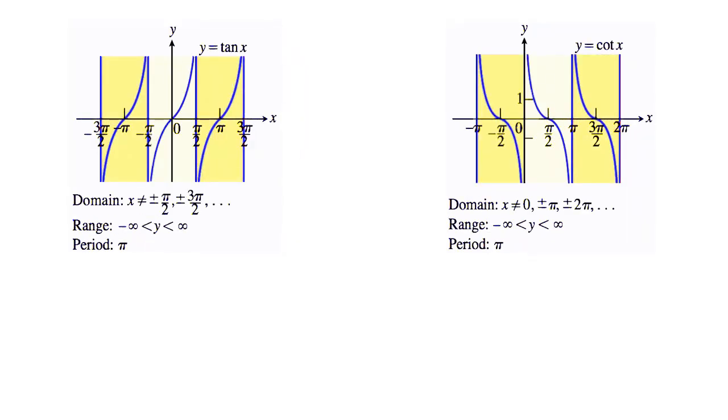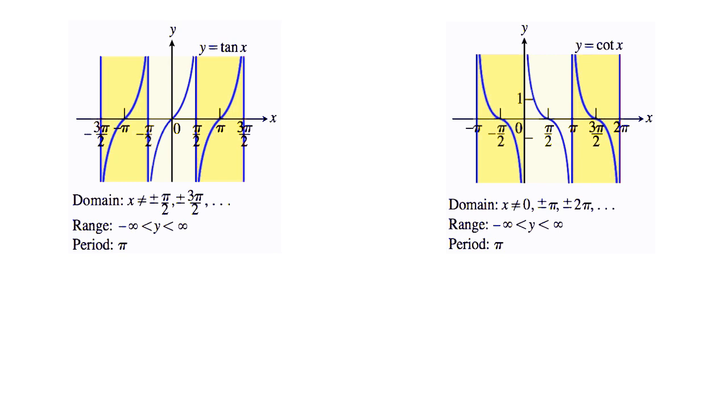Here we have the graphs of the tangent and cotangent x functions. On the left we have y equals tangent x. The domain is the set of all x such that x cannot be any odd multiple of pi over 2. The range spans from negative infinity to positive infinity, or all real numbers, and the period is pi.